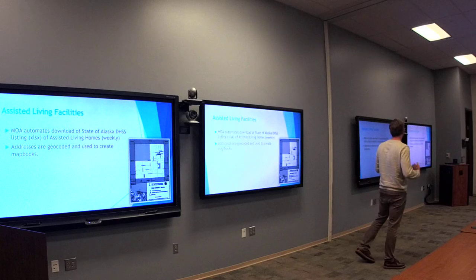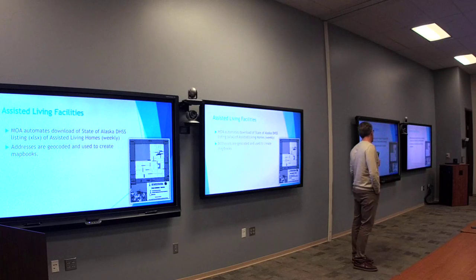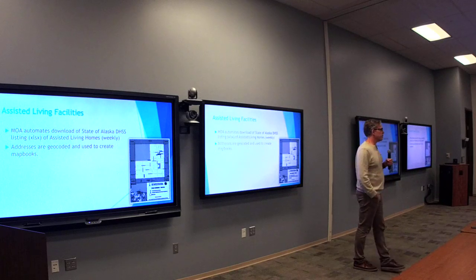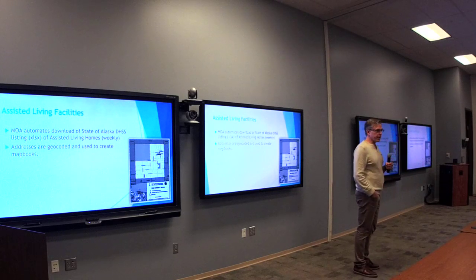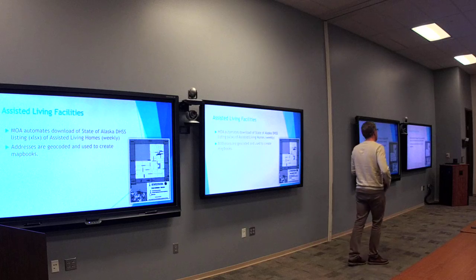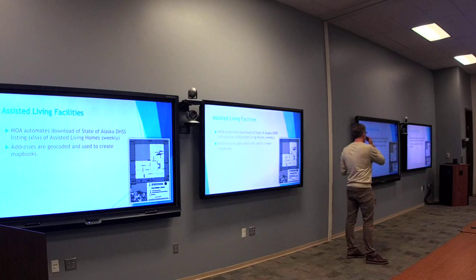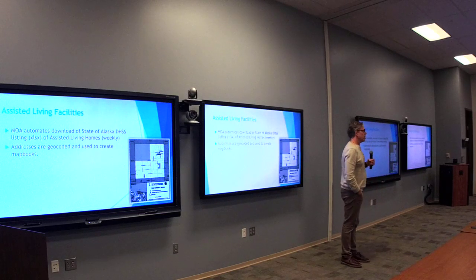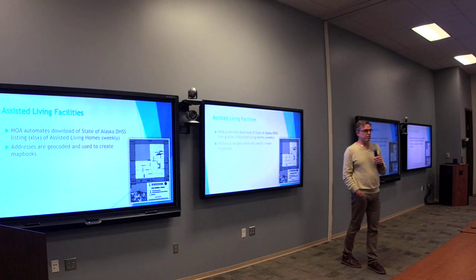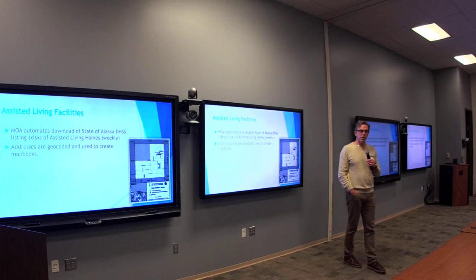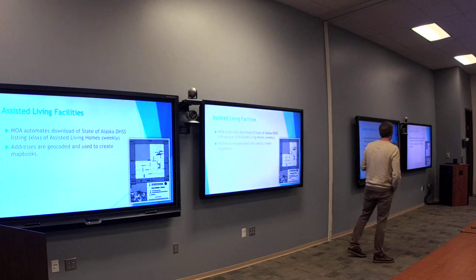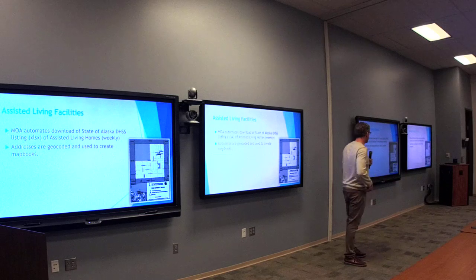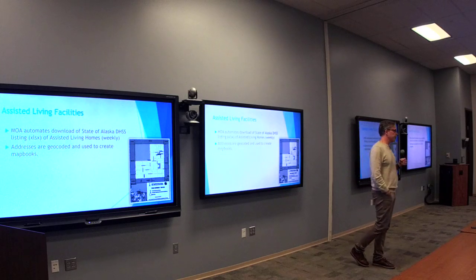The state manages the assisted living facility homes database. They make that available through an Excel spreadsheet. So every week, on a Sunday, we have a script that goes out and downloads the Excel spreadsheet. It parses out the addresses into the format that matches our municipal addressing format, and then we geocode them, and then we have a set of map books that's updated. So that is updated on a weekly basis.